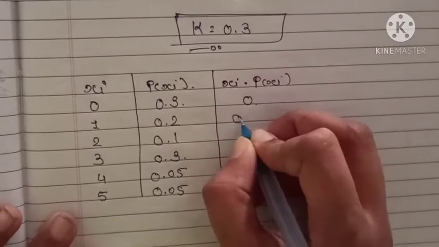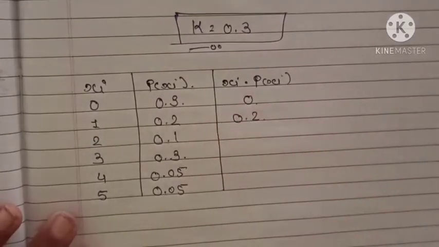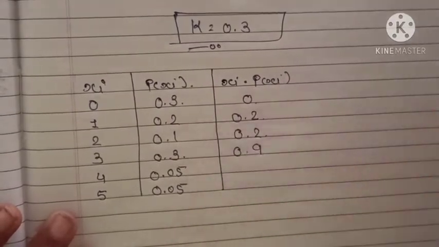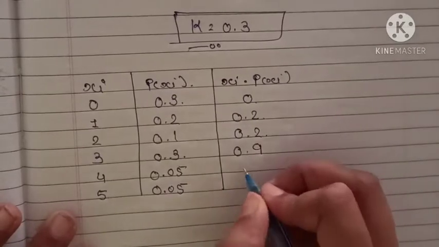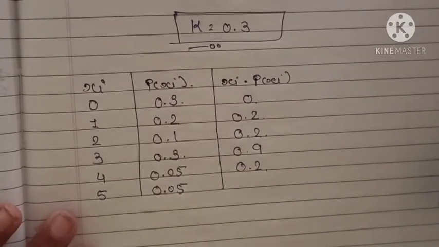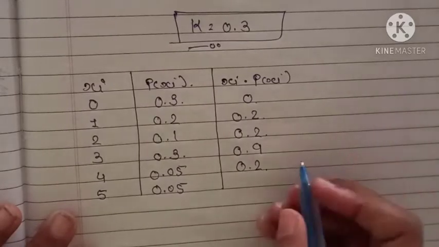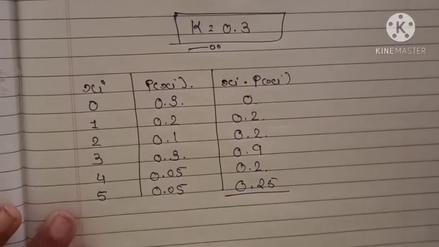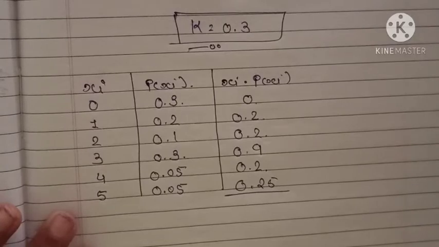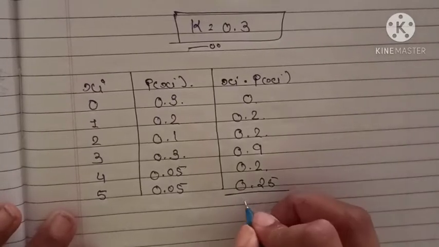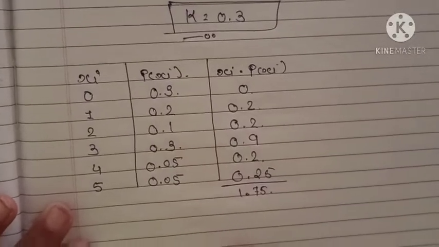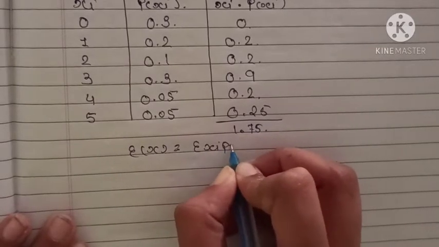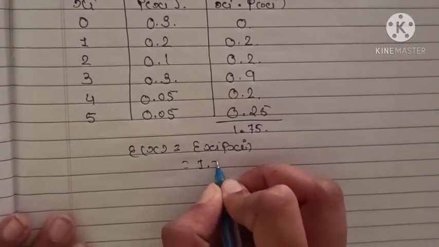That is 0, 0.2, 0.2, 0.9, and 4 into 0.05, that is 0.2, then 5 into 0.05, that is 0.25. Let's make a total. 0.2, 0.2, 0.9, 0.2, 0.25, that is 1.75. So expected value is equal to sigma xi into pxi, that is 1.75.